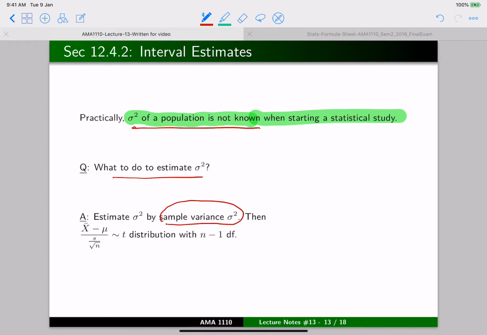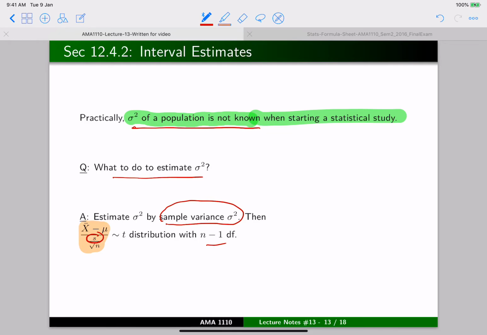We find that the random variable x bar minus mu divided by s, the sample standard deviation, follows a t distribution with n minus 1 degrees of freedom.